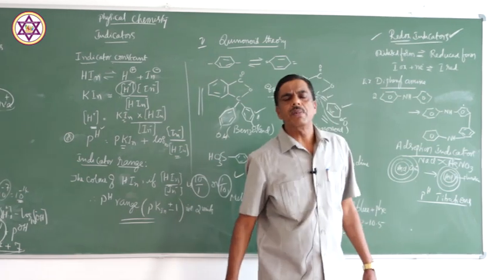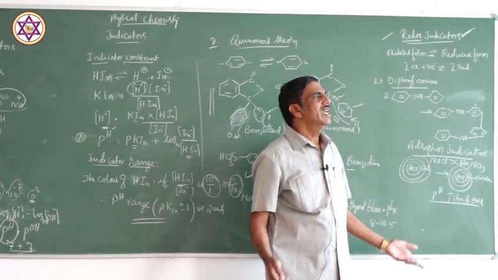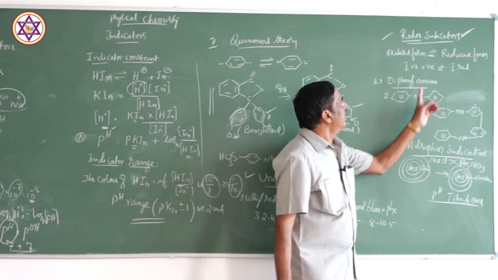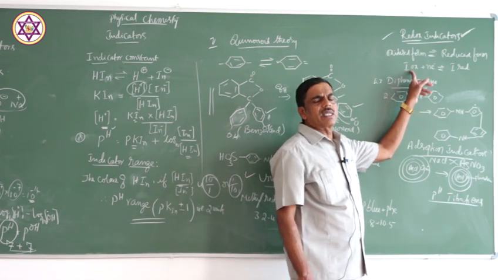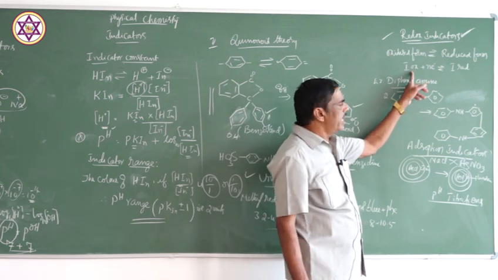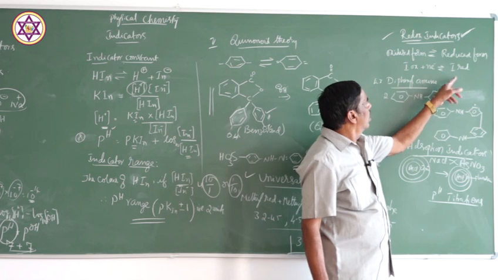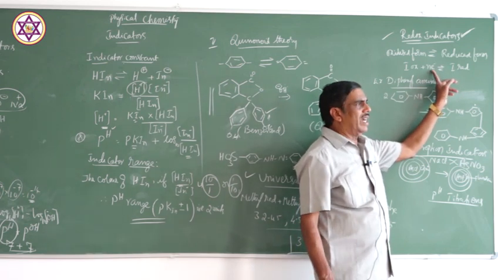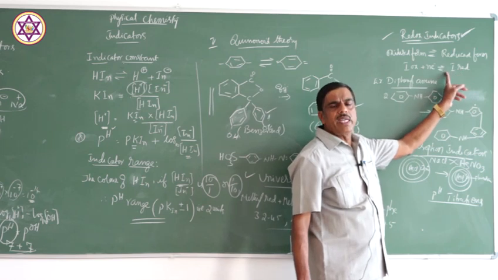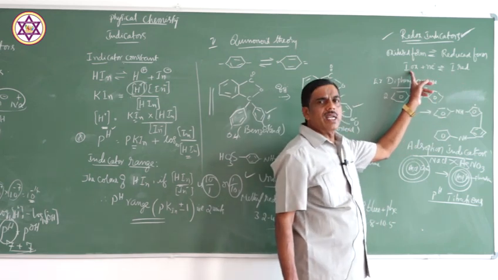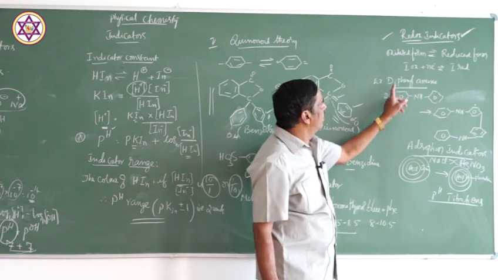One important example of a redox indicator is the diphenylamine indicator. Diphenylamine indicator is a redox indicator. This indicator also undergoes oxidation or reduction. So, the oxidized form of the indicator takes up electrons, that is reduction, to form the reduced form of the indicator. The oxidized form has a different color when compared to the reduced form. One important example is diphenylamine.